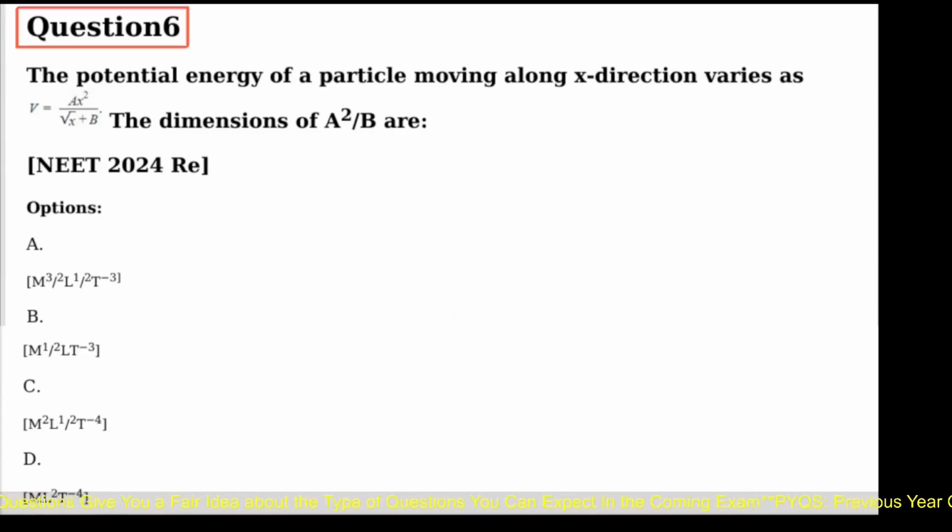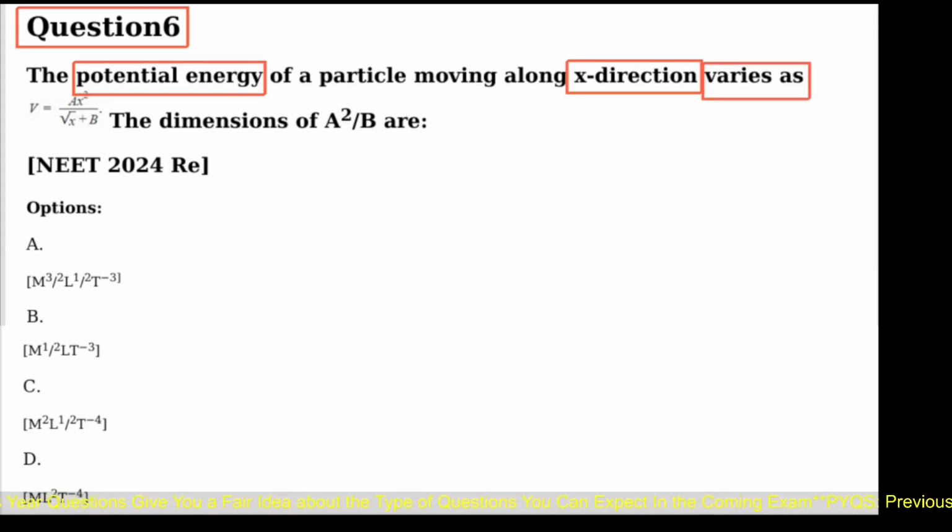Question 6. The potential energy of a particle moving along x direction varies as V, which is a x square upon root x plus b, and we have to find the dimensions of a square upon b.